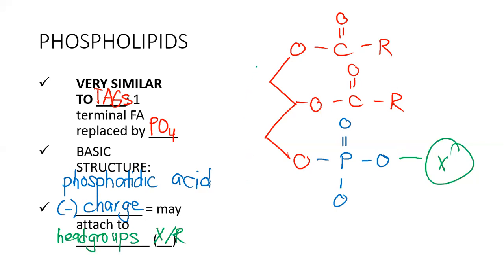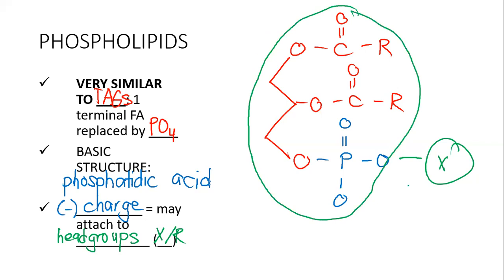So class, for the different types and examples of phospholipids, you may observe that this part is fixed. This part will be fixed at nag-iiba lang talaga sila doon sa head groups na nakakabit doon sa isa sa mga oxygen phosphate. So ganito class yung structure ng mga phospholipids.